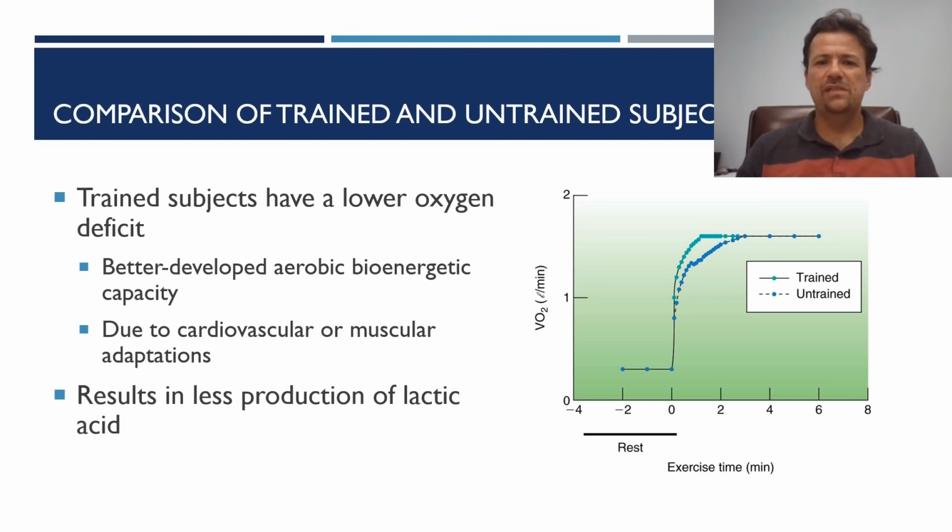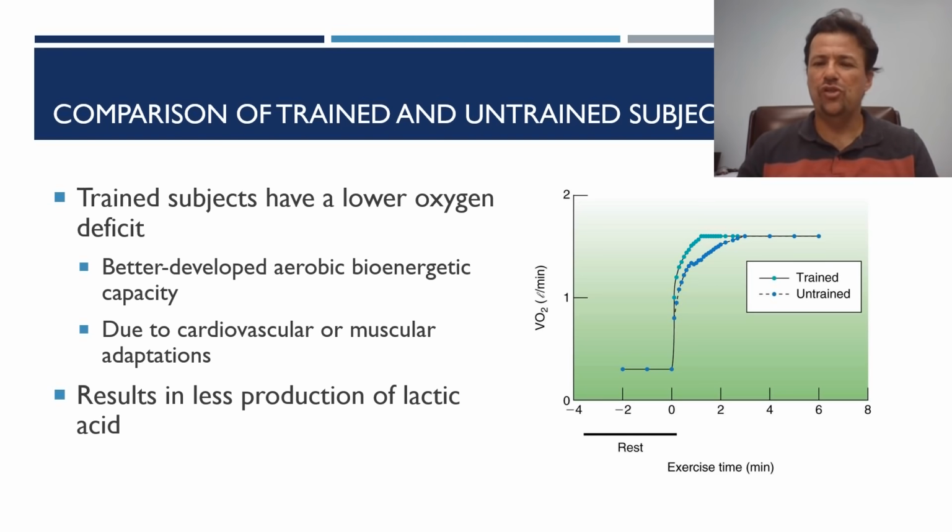The other thing we can see is that if you are somebody who has exercised over a period of time, and therefore you are now a trained athlete, what you notice is you have a lower oxygen deficit, as demonstrated by these green circles in the graph. And the reason for that is it seems that there are adaptations that take place in the body that allow you to better deliver oxygen to the tissues and also extract the oxygen from the tissues.